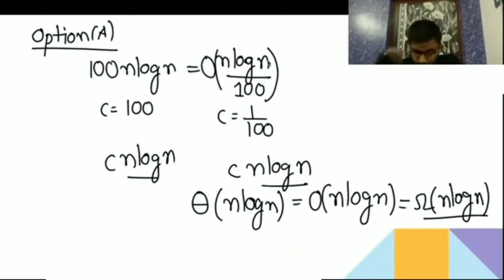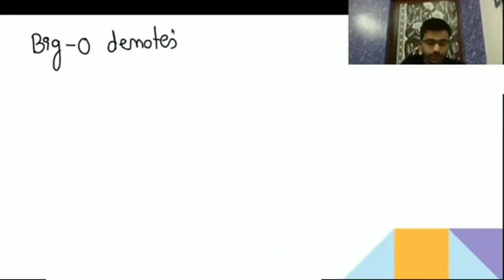Understood? Right? So what Big O denotes, you should write here, because some people get confused. Big O denotes the rate of growth, the growth rate of a function. So Big O denotes the rate of growth of a function.